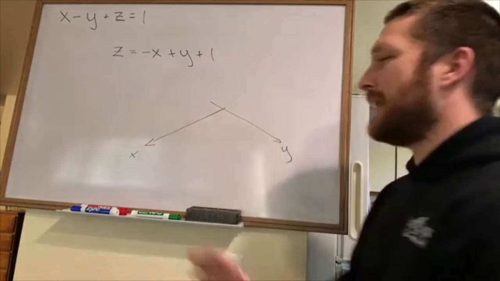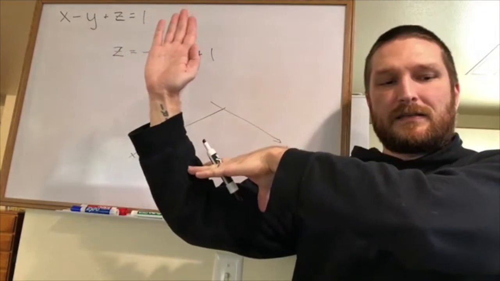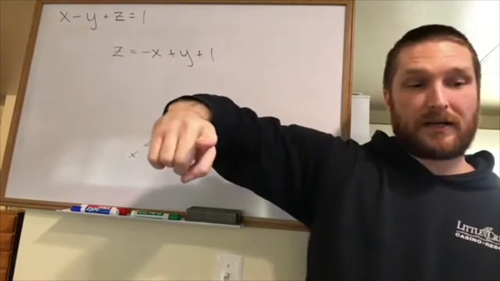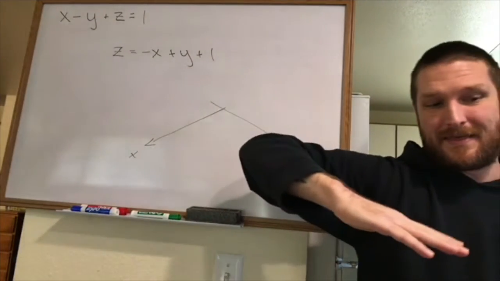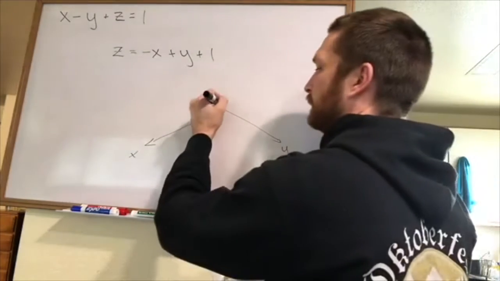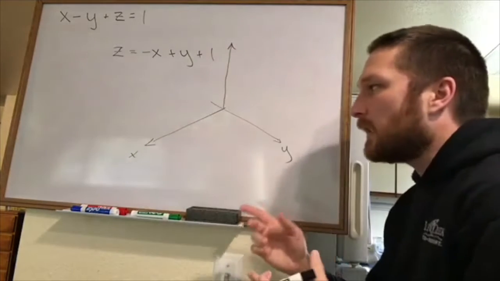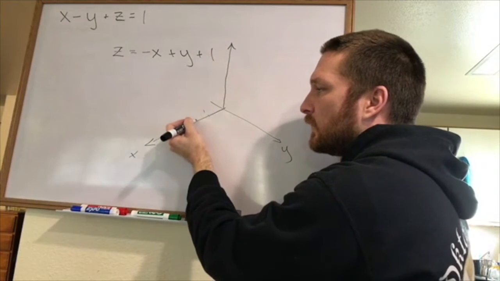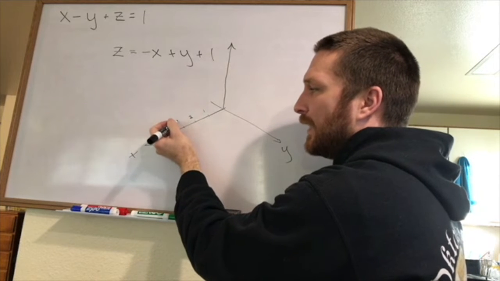What we usually do is draw the xy plane like this. We kind of flatten it out. Instead of having the y coming up like this and the x going over like this, we just flatten it out like this so that the x is pointing out towards you this way. The y is pointing this way, and then the z-axis is pointing straight up. And now we do the same kind of thing instead of just plugging in points for x equals 1, x equals 2, and so on, and finding the y height.